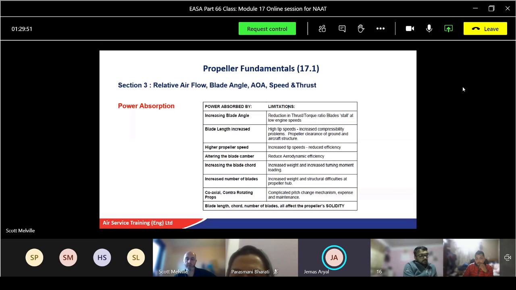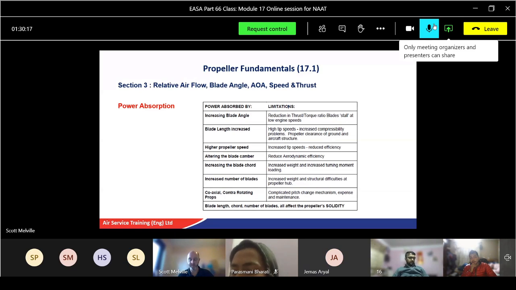And also the last one, the diameter of the propeller. That gives you more blade, I suppose. The other is the shape of the airfoil. So you've got angle of attack, speed of the blades or the RPM of the engine, and the shape of the propeller as well. The more blade there is, the more thrust it's going to give you. Okay, good.